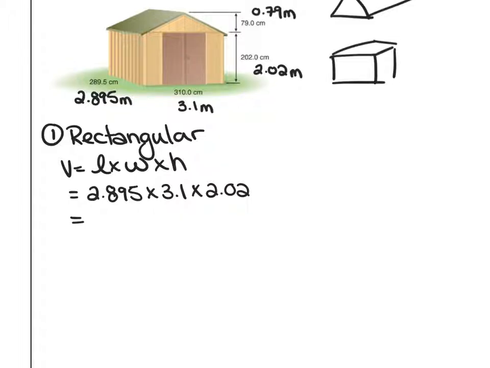And I get 1.812849. I'm going to round that to 1.813. And that will be meters cubed.